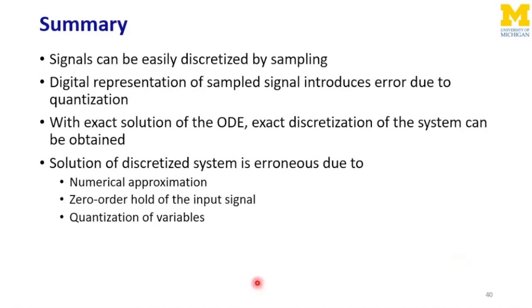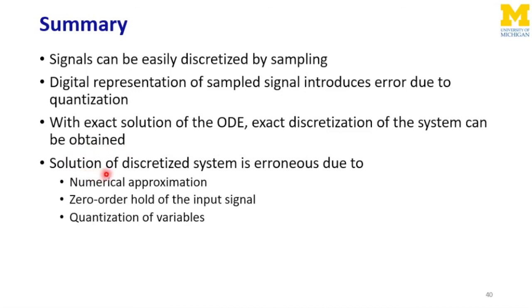Okay, to summarize, in this lecture, we saw that signals can be easily discretized by sampling. The digital representation of a sampled signal introduces error due to quantization. Now, I didn't go into quantization, but I'm sure you have seen this from Professor Bernstein's earlier lectures. With the exact solution of the ODE, the exact discretization of the system can be obtained, but even the exact discretization is erroneous.